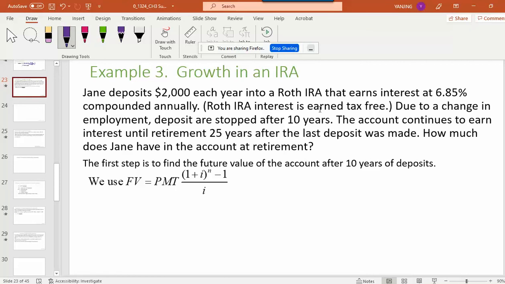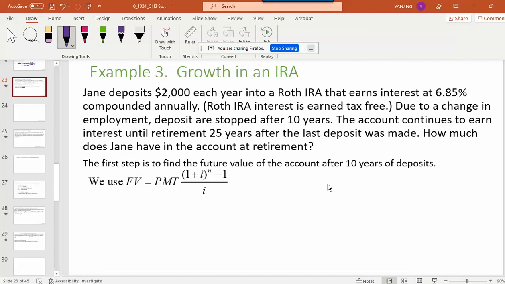The Roth IRA means it earns tax-free interest, right? And the interest is 6.85% compounded annually. Due to a change in employment, deposits are stopped after 10 years. The amount continues to earn interest until retirement, 25 years after the last deposit was made. How much does Jane have in the account when she retires?